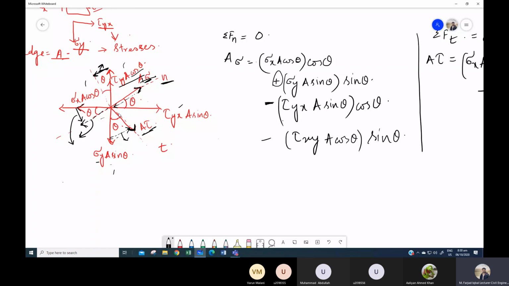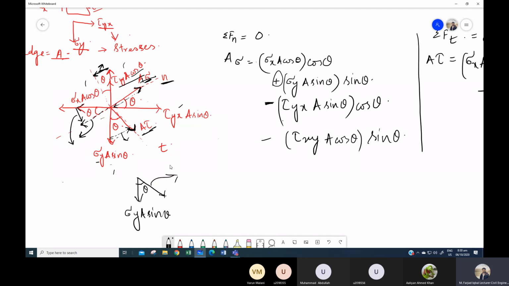And then we have the component for sigma y, which would be this, but I will show it over here. Sigma y is sine of theta and this angle is theta.